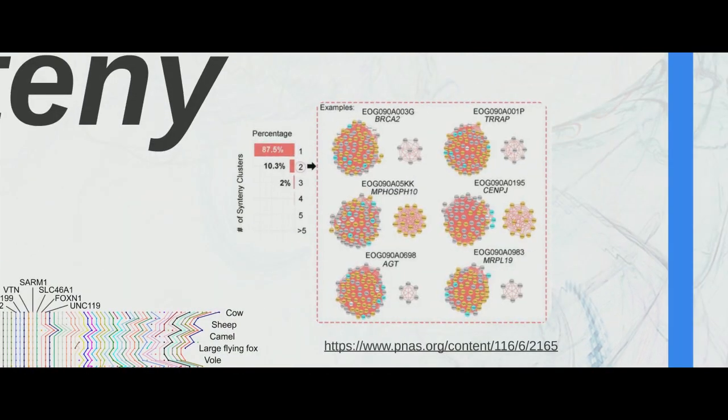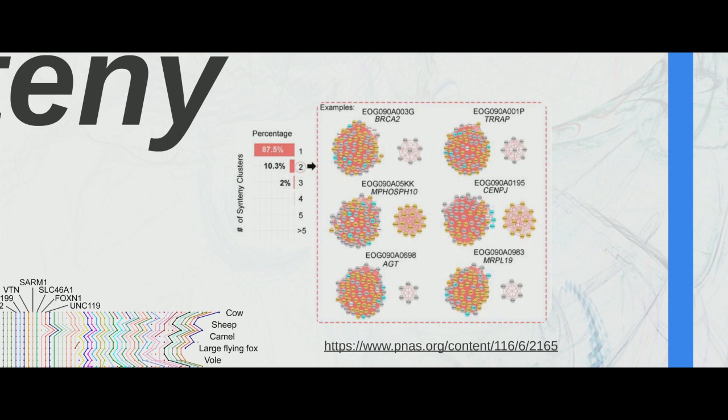So here's a paper that just came out 2 years ago showing that in mammals, 87.5% of genes that we have are in just one syntenic cluster amongst a set of like 100 different mammals.